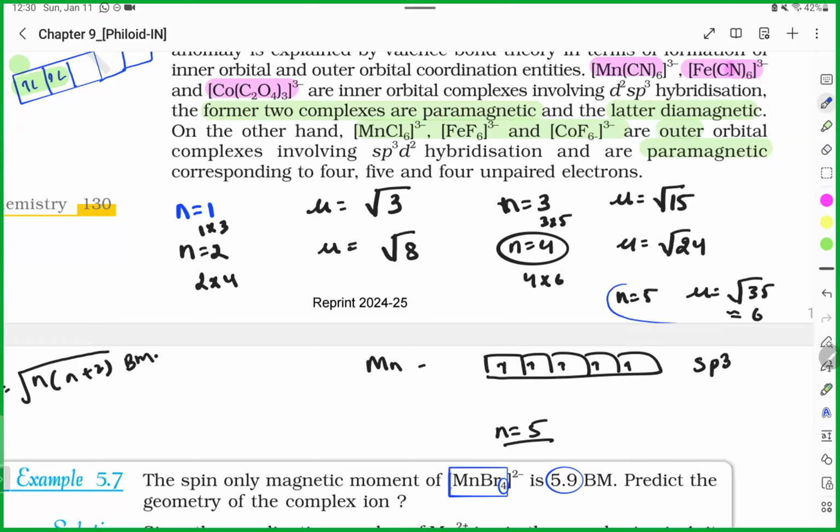The number of unpaired electrons will be 5. Number of unpaired electrons is 5 in Mn2 positive. It means all orbitals are unpaired like this. So outer s and p3 orbitals are used. Okay, sp3, so it will be tetrahedral.